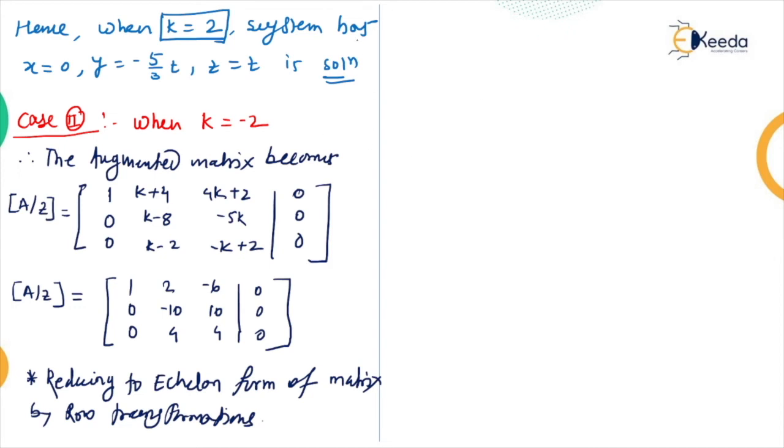So now we perform minus 1 by 10 into R2, and also change R3 by minus 1 by 4 into R3. So change in R2 and R3.